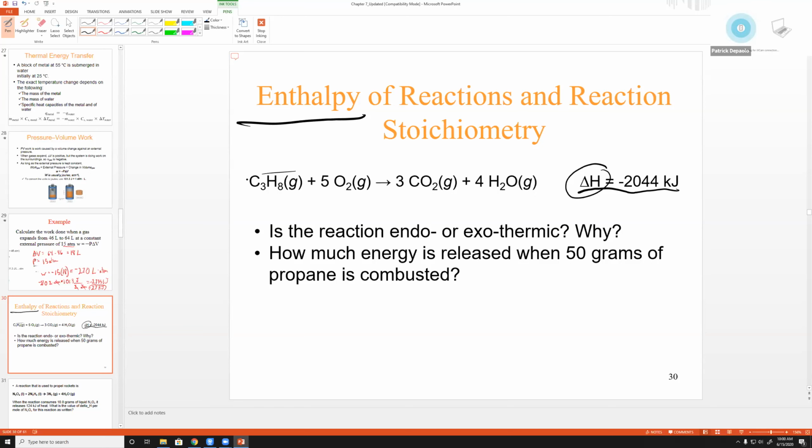This is saying that 1 mole of this reacts with 5 moles of this, making 3 moles and 4 moles, to make this much energy. How much is 50 grams? So right now it's 10:01. I'll give you till 10:05 to figure that out. You can ask questions, of course, but try it. Give it a shot.